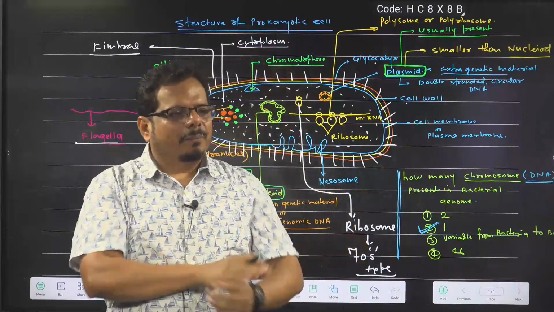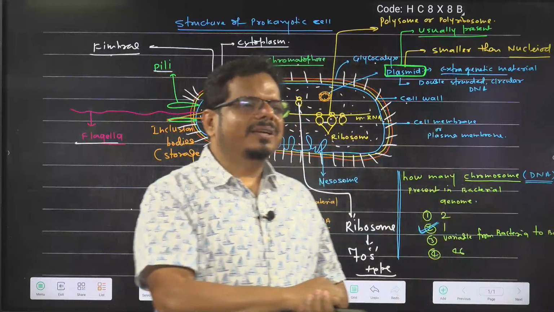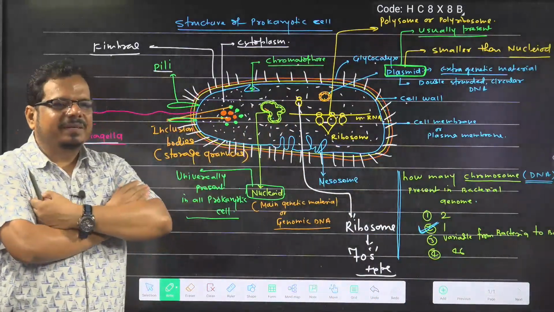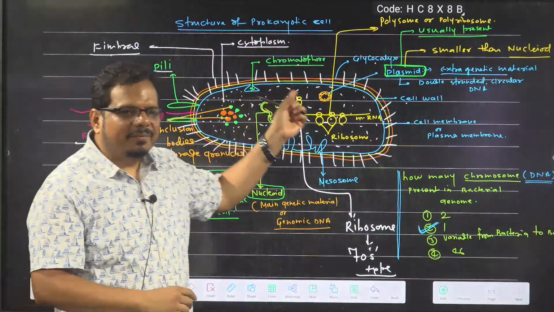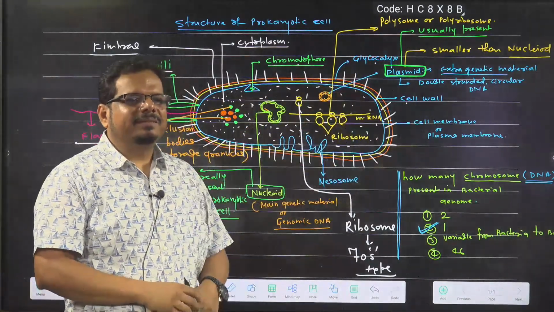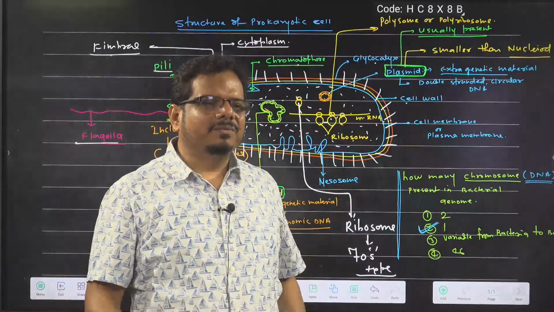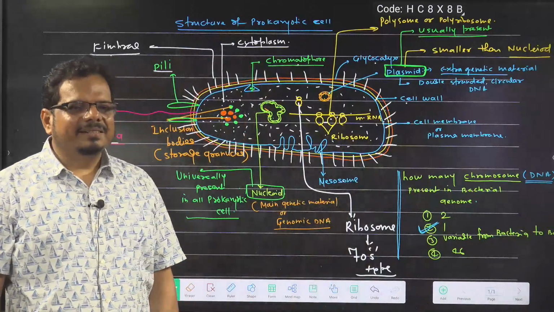Got the idea? So did a picture of the bacterial cell or prokaryotic cell come in your mind or not? Tell me honestly. Now our duty is to explain everything one by one. What is this glycocalyx, what function is done by this glycocalyx, what is the chemical composition of this glycocalyx? Is it clear?